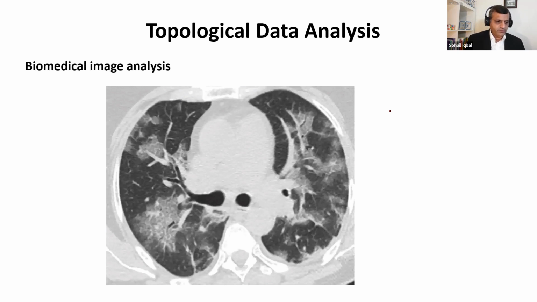Coming to the problem, we have CT scans, computed tomography images, and there are many ways to test for COVID. One of the preferred ways is RT-PCR, but the point with PCR is that it requires very advanced equipment and a very trained professional to deal with the equipment and check whether a person has COVID or not.